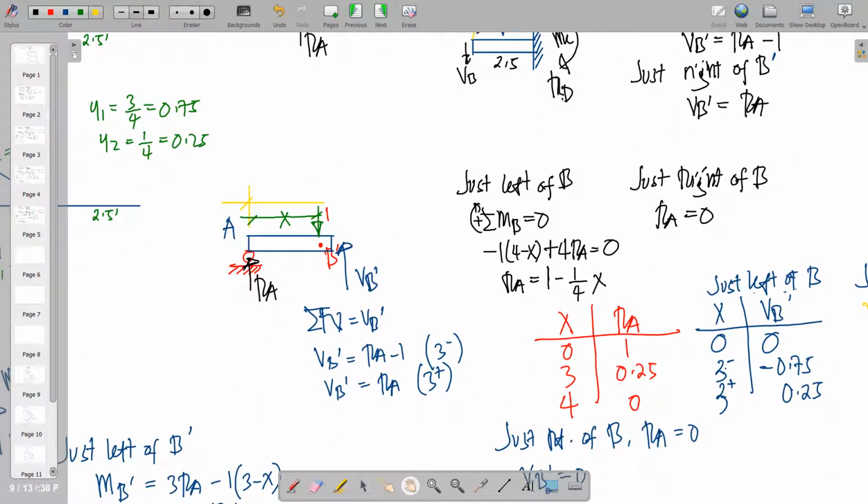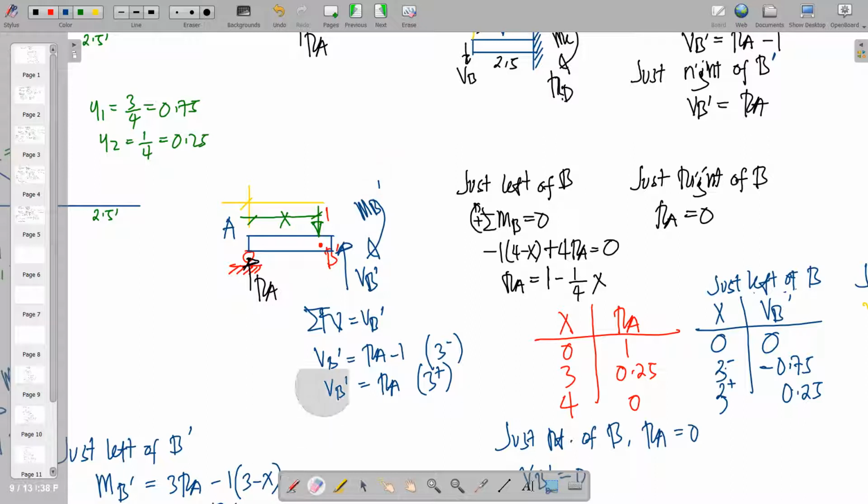So if this is the cut portion, we'll have here a V prime. And also, we have here moment at B prime.